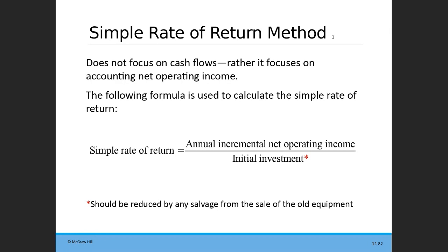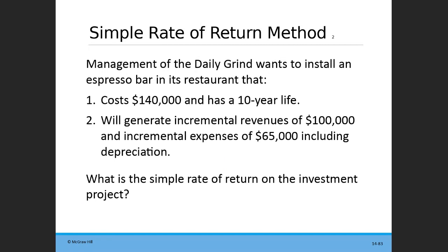When we're talking about a simple rate of return, we're talking about how that investment is part of the income, right? In chapter 16, we talked about net income divided by all the assets, but it's the same idea. We've got this initial investment in our asset, and we've got some operating income, so we can figure out a simple rate of return based on that.